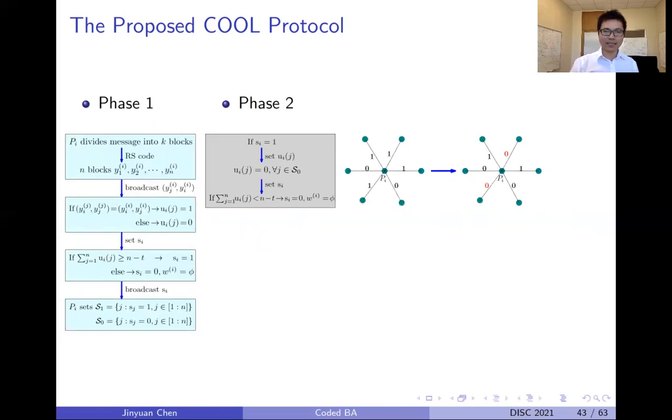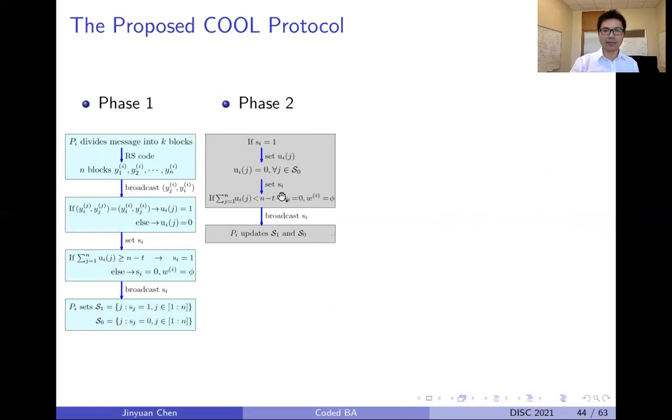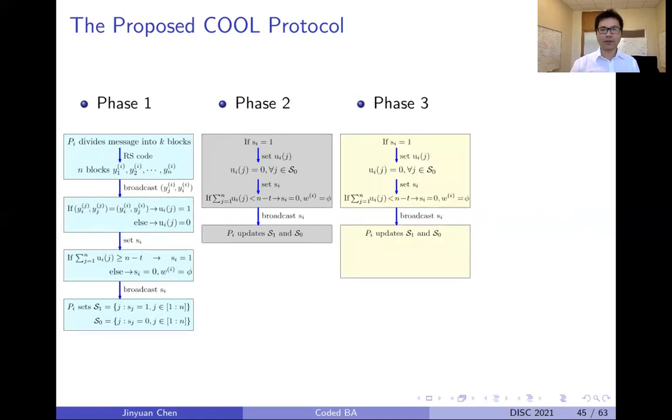Once the link indicators are updated, processor i updates the success indicator as in phase 1, broadcasts it, and updates the sets S1 and S0 as in phase 1. The goal of the third phase is to mask the remaining errors from the honest processors. Processor i will update the link indicators and the success indicator as in phase 2, and then broadcast it and update the sets S1 and S0 as in phase 2.